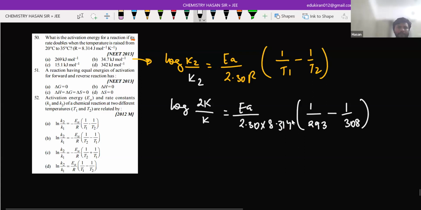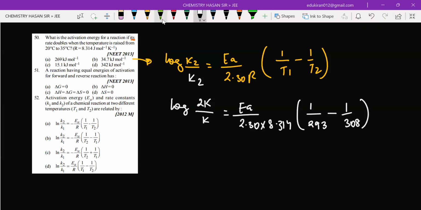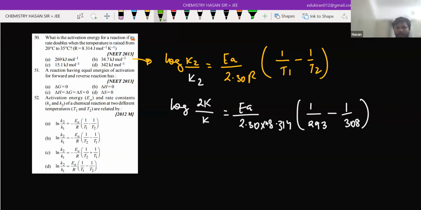You can solve it easily, right? So you can find the value of EA easily. Yes or no, K and K will be cancelled. Is that clear?